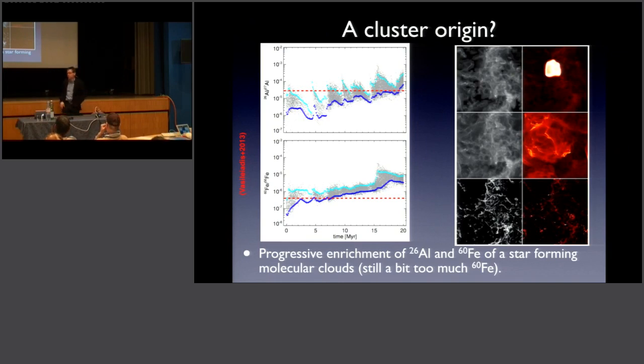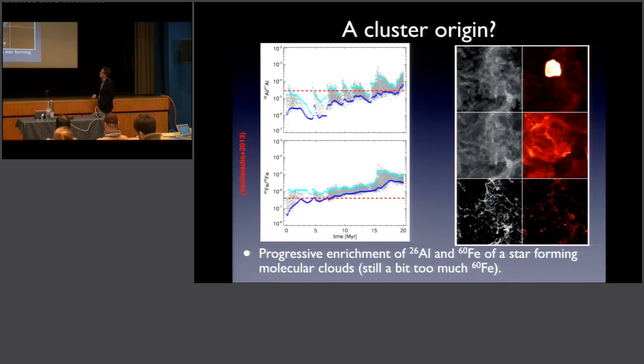So with this process, if the sun forms in a molecular cloud that is between 10 and 20 mega-year old, or material that has been going through this process for 10 to 20 mega-year, then you predict the correct ratio of aluminum-26, essentially.